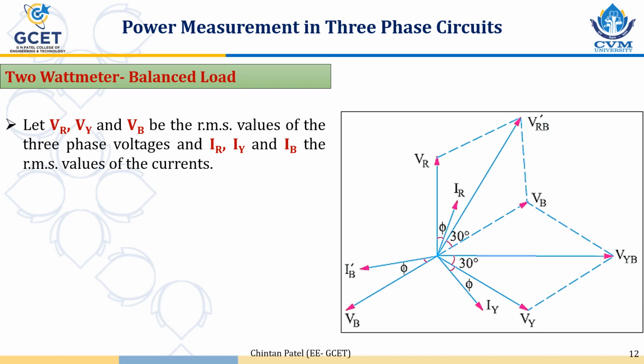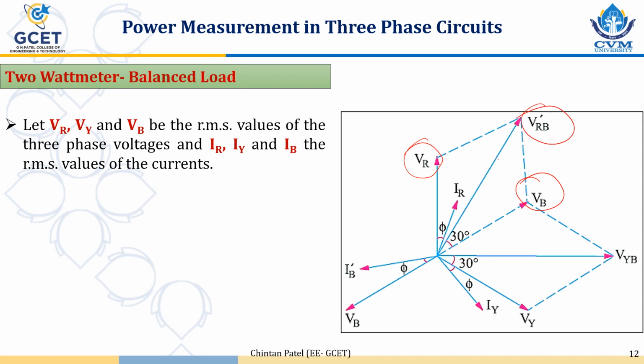Now currents IR, IY and IB lag behind the respective voltages by phi. Now what is line voltage? It is VR and VB, a vector difference of VR and VB. So the vector difference of VR and VB is VRB.